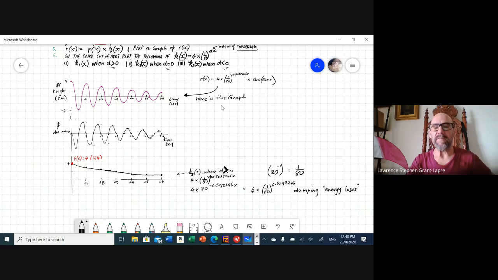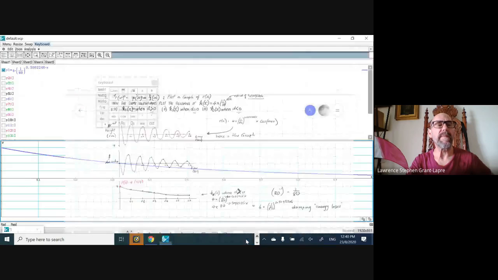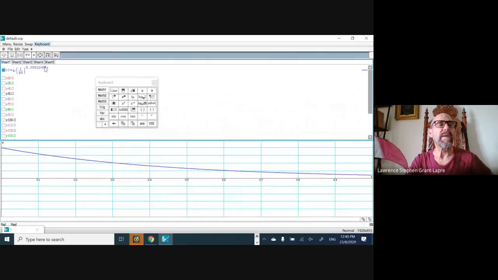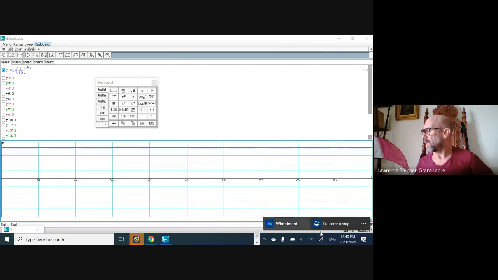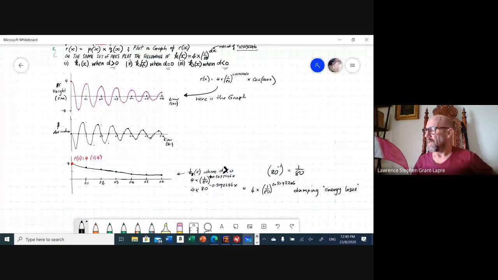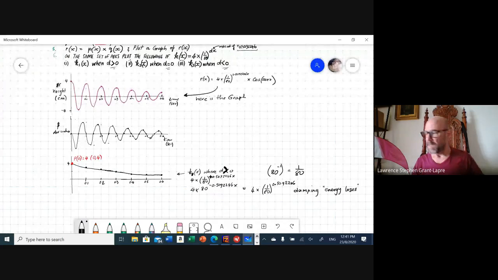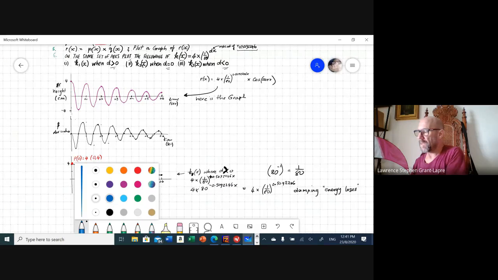Let's go back to the graph and put a 0 value in there. 0 times d. Sketch that. And it's a straight line. Okay. I may as well change the color because I can.